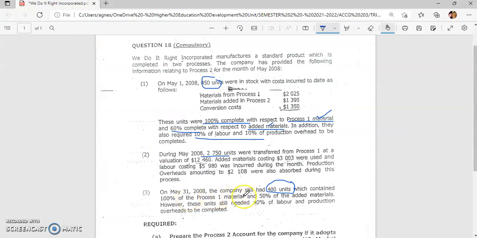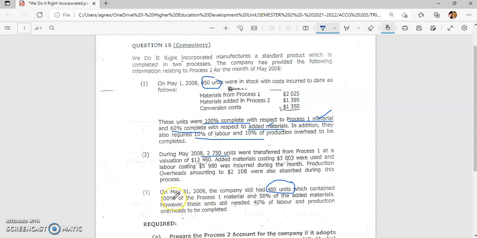Now, when it comes to closing inventory, it tells us that it contains 100% of the process one material. And remember, when we are looking at closing inventory, we are looking at what was already completed and not what still needs to be done.